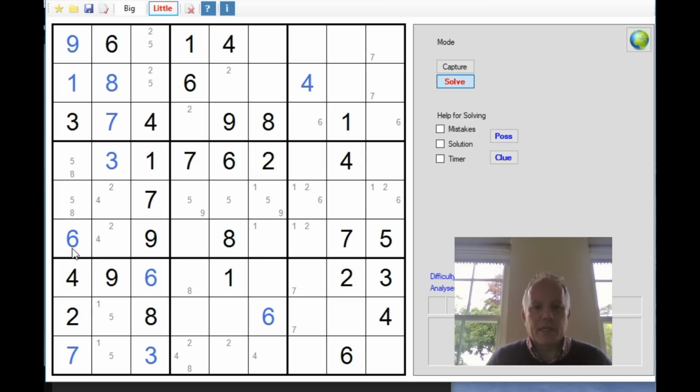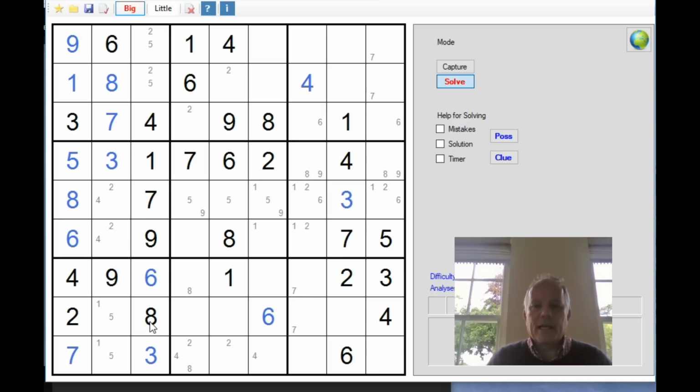This one can't actually be a 6 because of that 6, but those 3 cells must be 1, 2, 6. Now that means we've got 3, 8, 9 in the other ones, and this 3 has placed that 3 there. So 8, 9's a pair here. That gets us 5 and 8 here, which is nice.